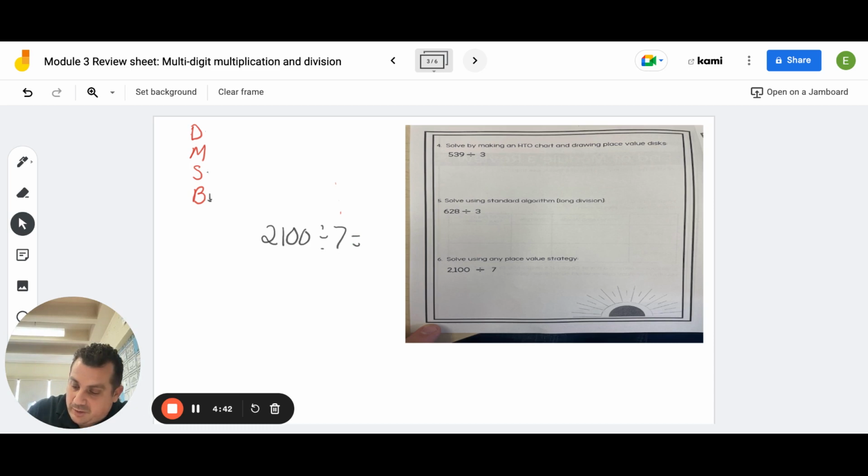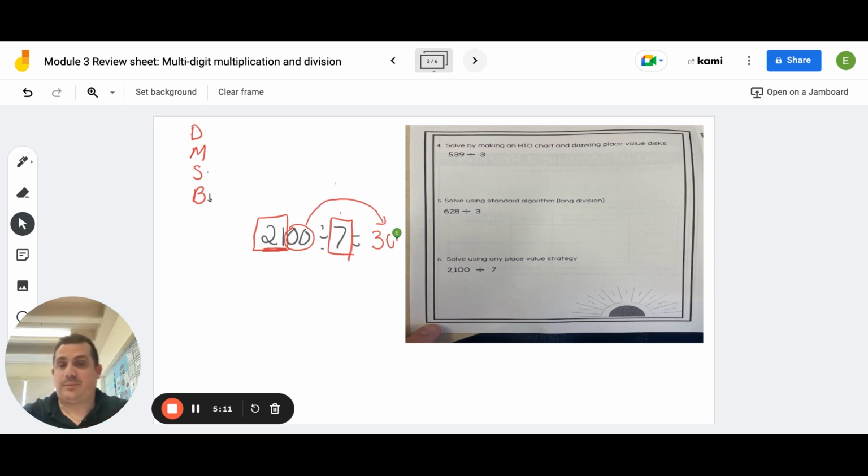You should notice right away we've got some friendly numbers. We've got 21 divided by 7. They're friendly numbers because 7 can go into 21. 7, 14, 21. It can go into it 3 times. So you should be able to see that 21 divided by 7 is 3. And then we have to take our 2 zeros, 2 powers of 10, and bring them right over.